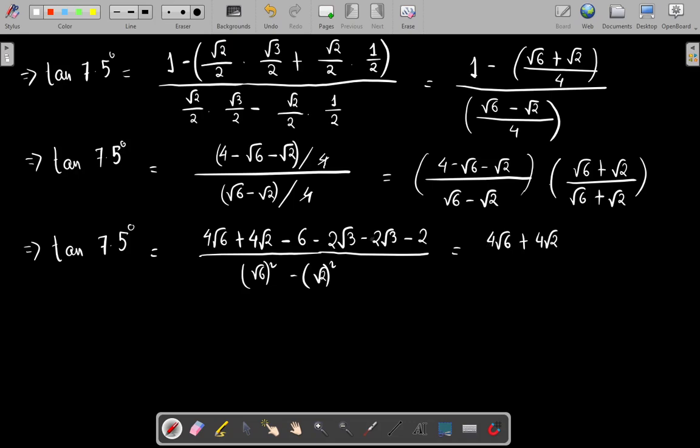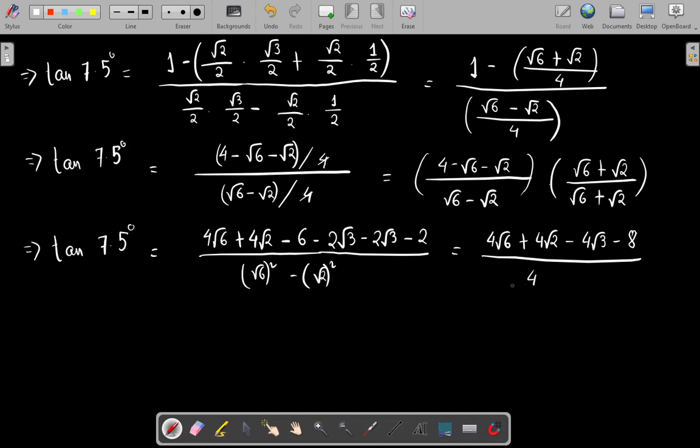How many root 3's are there? There are negative 2 root 3 minus 2 root 3, so this is minus 4 root 3, and then minus 6 minus 2 is minus 8. And root 6 square is 6 and root 2 square is 2, so this becomes 6 minus 2, which is 4.